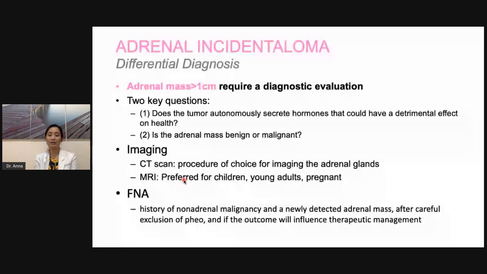But be careful, make sure that you work up the patient first. And the most important thing that you have to rule out is the presence of a pheochromocytoma. Because if that adrenal mass is actually a pheochromocytoma, you can trigger a hypertensive crisis, no? Because it will influence therapeutic management.